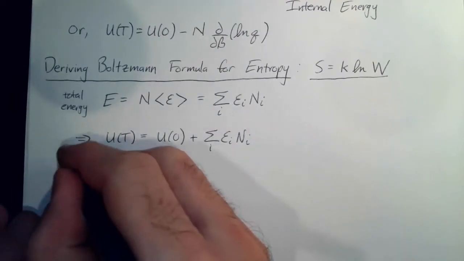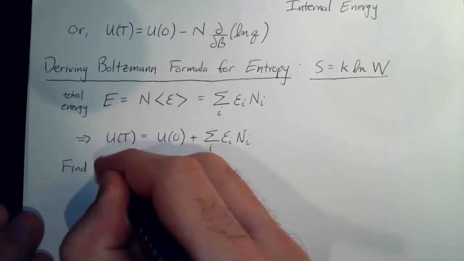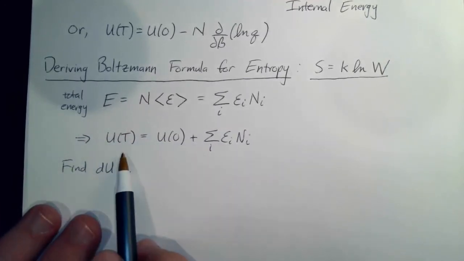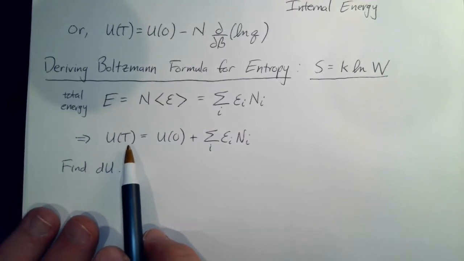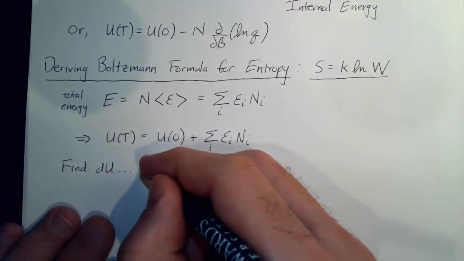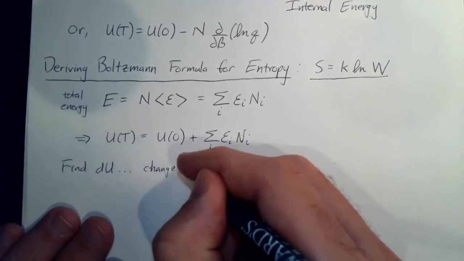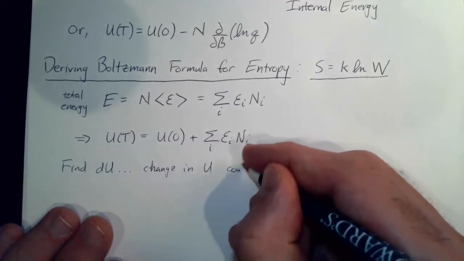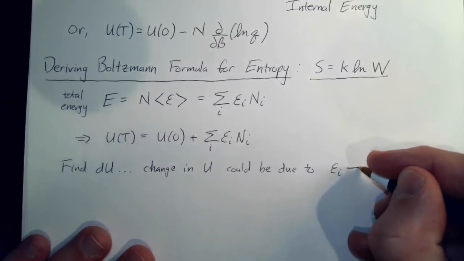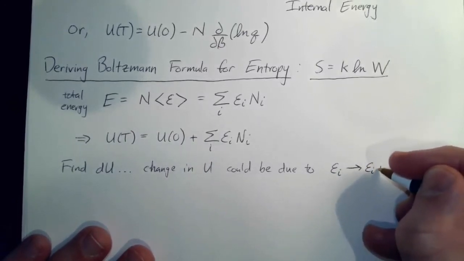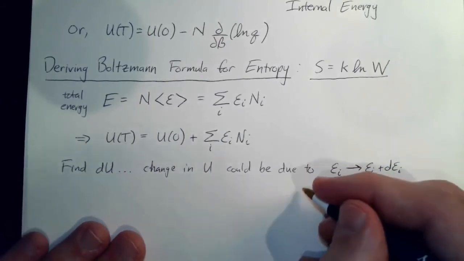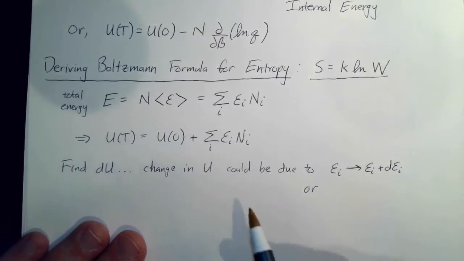Okay, now I want to find dU. And so what could cause a change in U? Well, the energy levels could change. So the change in U could be due to the energy levels shifting by some amount d epsilon i, or if the populations change.